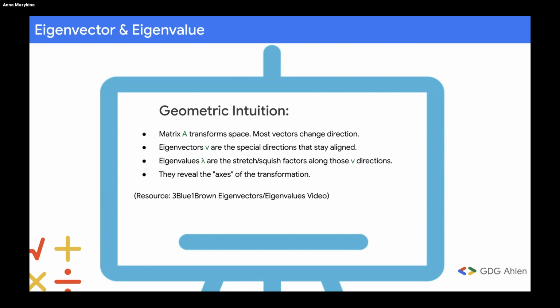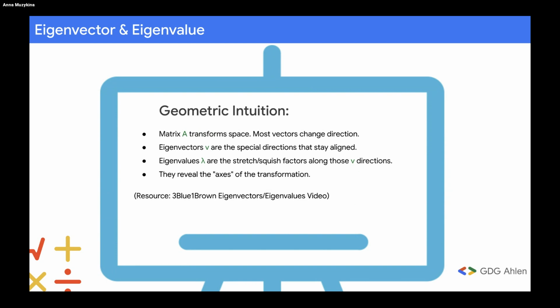So the lines themselves might have stretched or shrunk. Think of them as invariant directions. If you draw a vector along an eigenvector direction, applying A just scales it. It doesn't rotate it off that original line. The eigenvalues tell you the scaling factor along each of these special eigenvector directions.